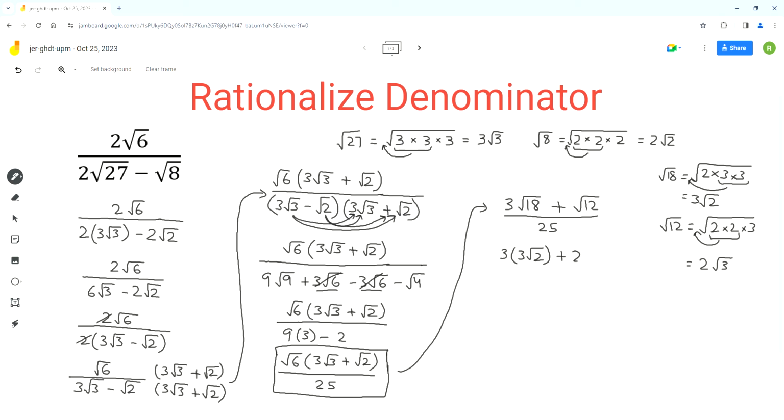So plus 2 square root 3 over 25. So now we can multiply these terms. So 3 times 3 is 9. So we get 9 square root 2 plus 2 square root 3 over 25. So this should be the final answer in the distributed form.